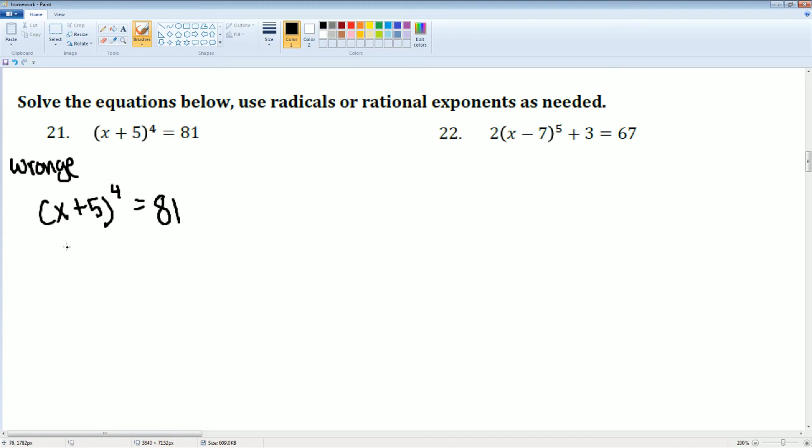A lot of you are going to be like, oh, check this out, x plus 5 to the 4th power equals 81, or x to the 4. This is so wrong. Okay? Does not work that way. All right?